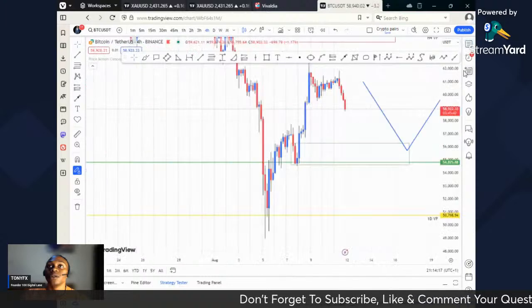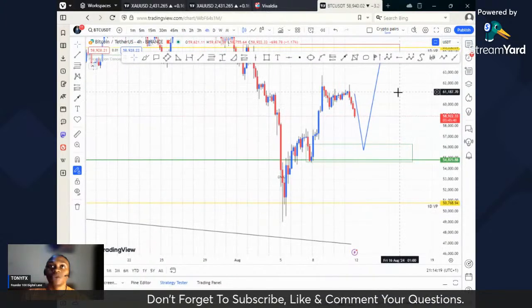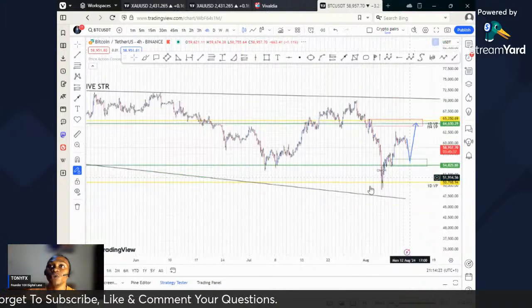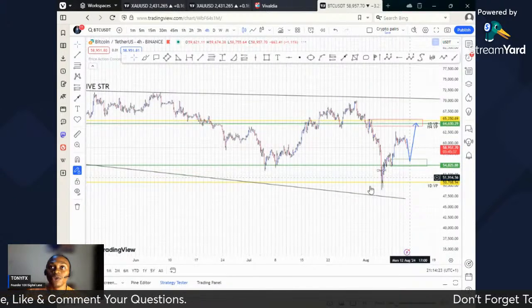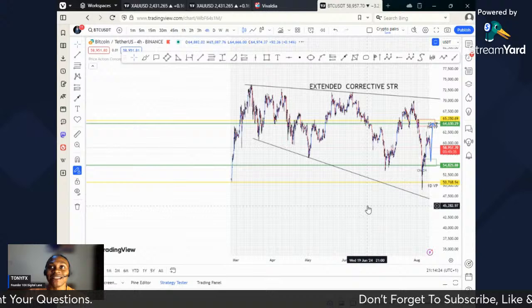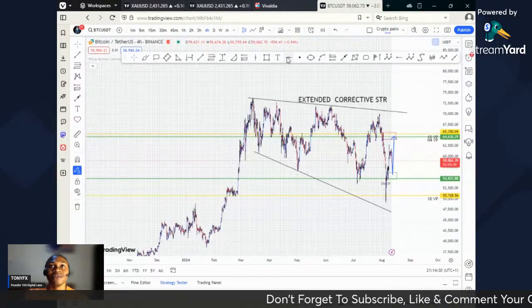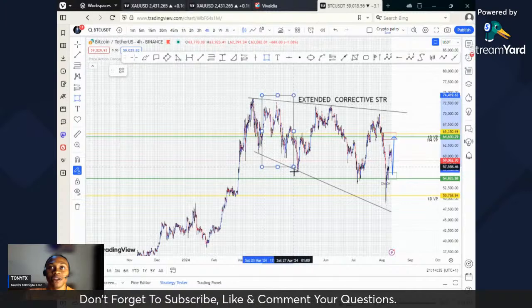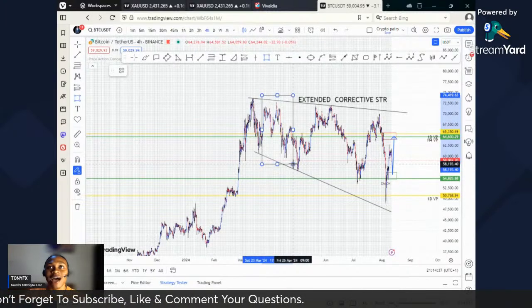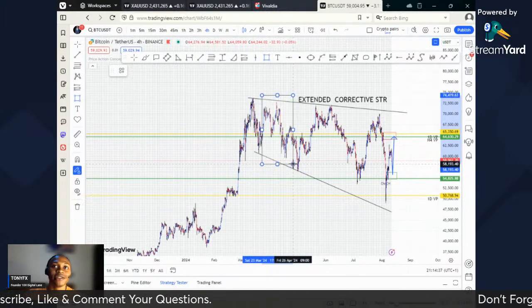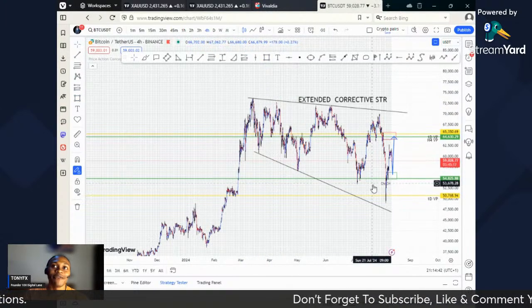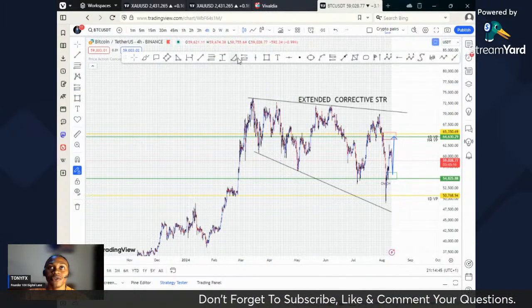The last on our list is Bitcoin, the people's coin. If we zoom out, you can see that Bitcoin is having an extended corrective structure. The halving of Bitcoin took place around this area, which is around March or so, and after it we have been having a corrective structure on Bitcoin.